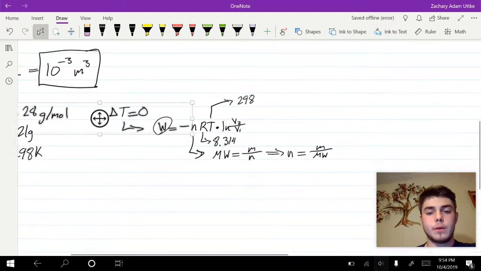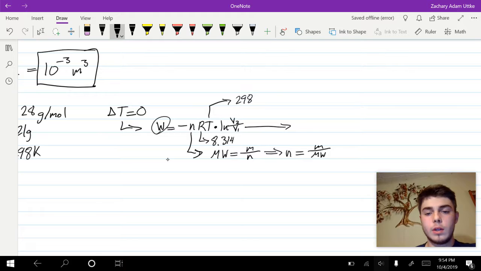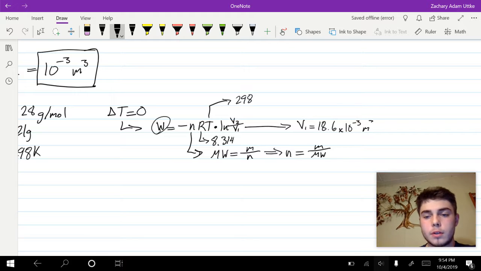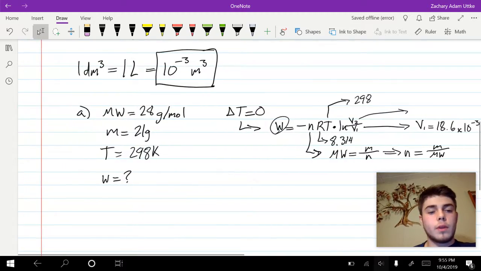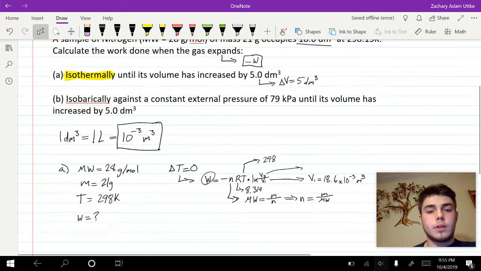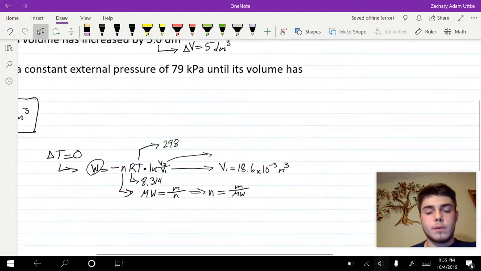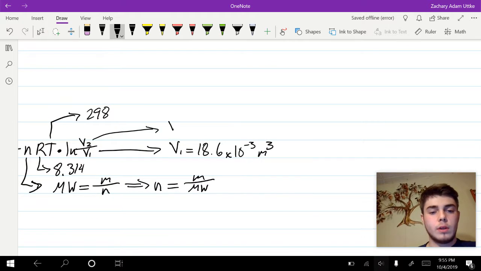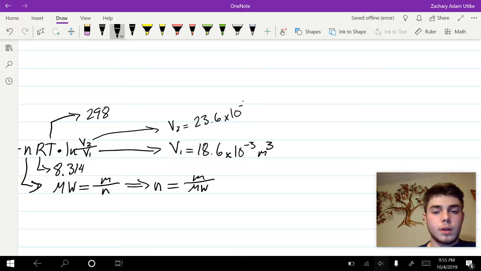So that's going to be our V1. And V2, if we know that it expanded by 5 decimeters cubed, V2 will equal 18.6 plus 5, 23.6 times 10 to the negative third meters cubed.